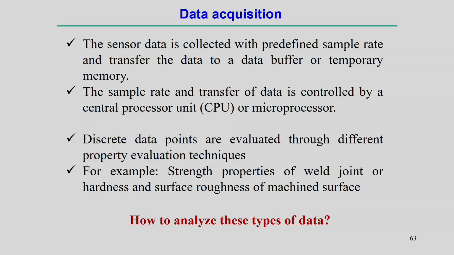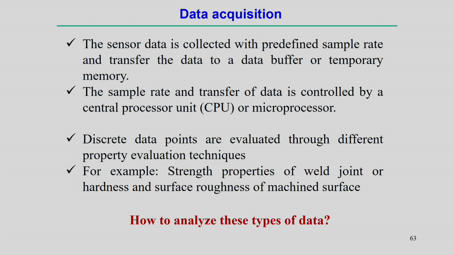Data acquisition: we use different types of sensors to collect the data accurately, and this data acquisition can also be done after the component is manufactured. Even from testing results we can collect data.